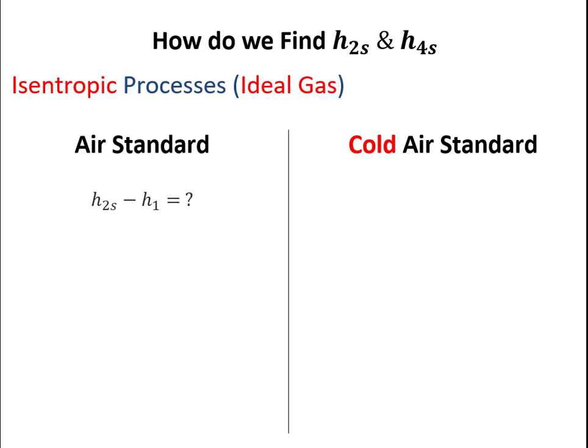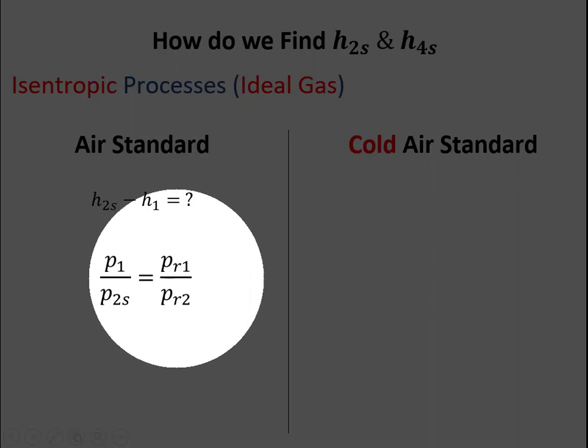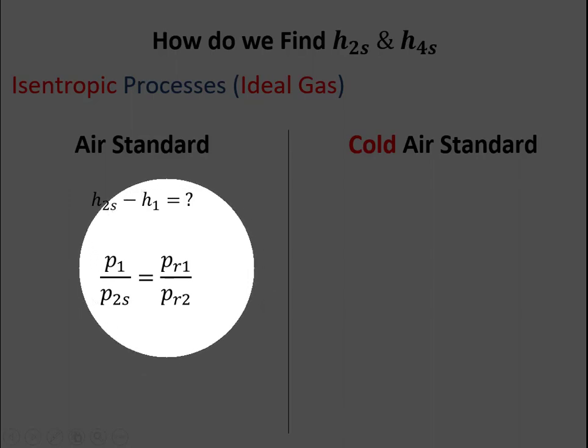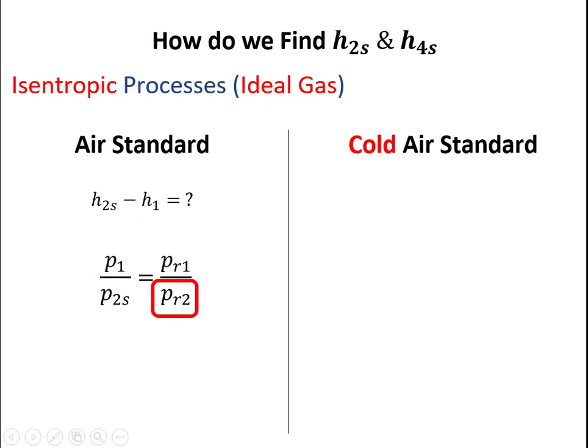So if this was an air standard analysis, I would need to actually find delta H. So I would use my pressure ratio. I was told the low pressure and the intermediate pressure, so I know this pressure ratio, and because I've already fixed state 1, I can find PR1, and then I can find PR2 and use that to fix the rest of the state. So that's what I would do in the air standard process using table A22 in the textbook.